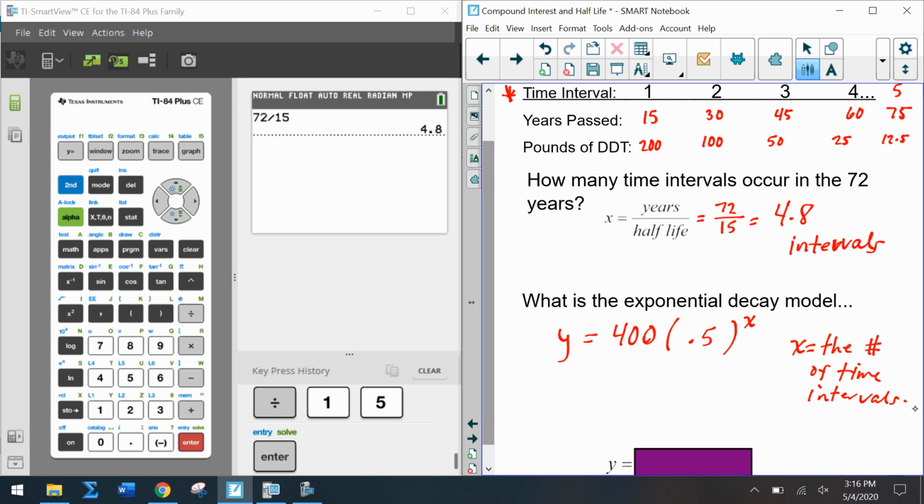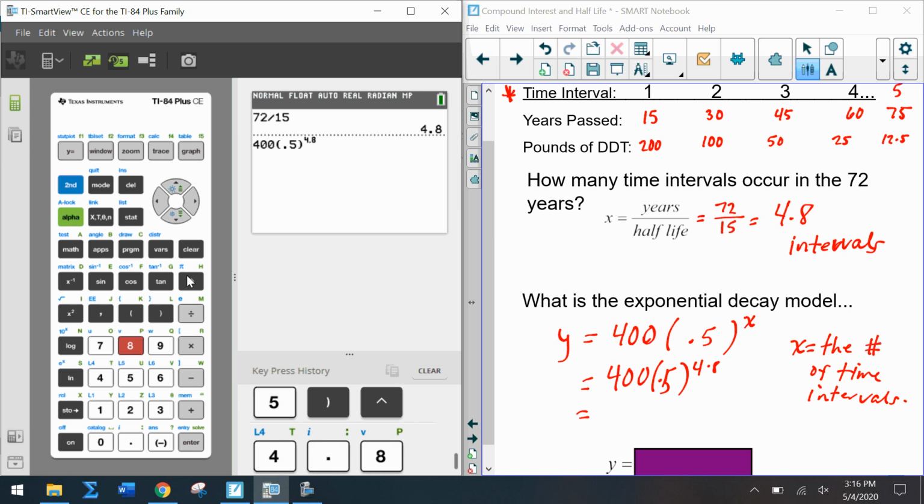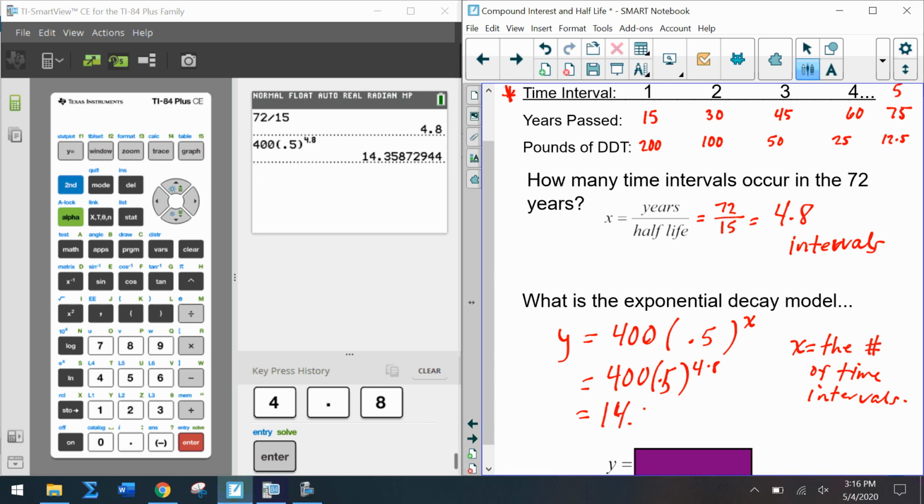From here, with the number of time intervals that have gone by in the 72 years, 4.8, we get to see how much of this DDT is still remaining. On the calculator, 400 times 0.5, raised to the 4.8. And so we have 14.35 pounds remaining.